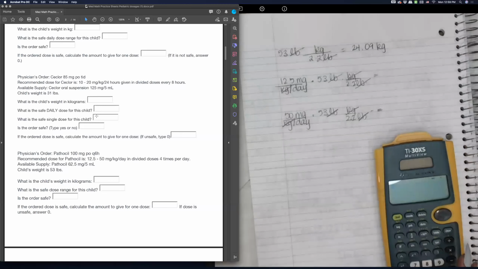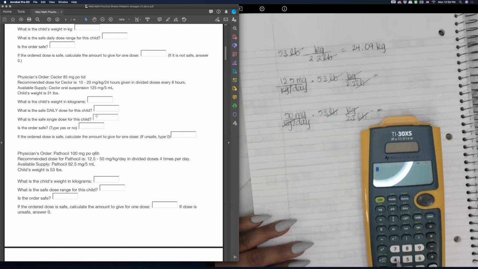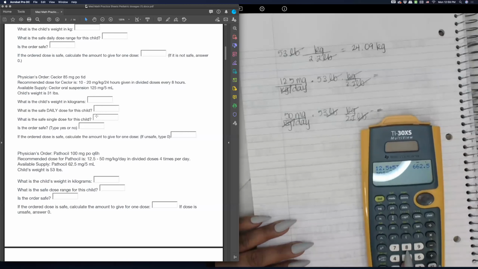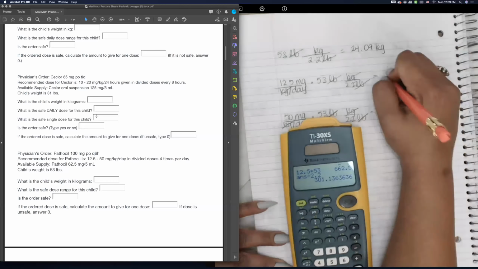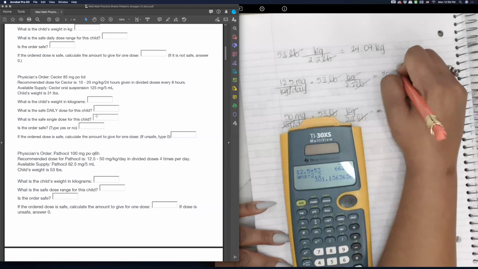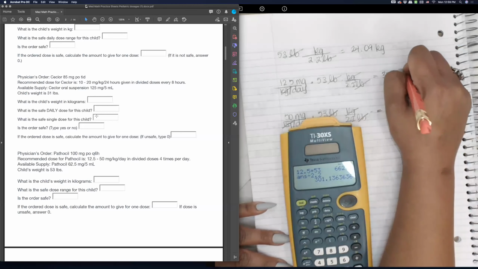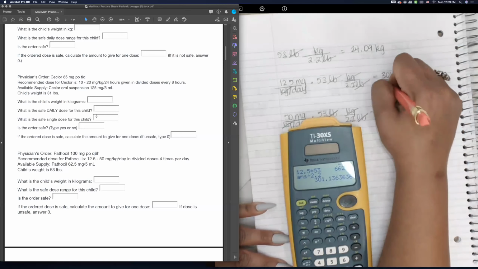And then it's going to be 12.5 times 53 divided by 2.2, which gives us 301.14 milligrams per day.